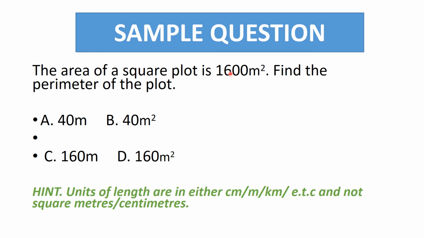If the area of the plot was in centimeters squared, your perimeter is going to be in centimeters unless stated otherwise. So make sure you choose your answers wisely, because they almost look alike, but they are not alike.